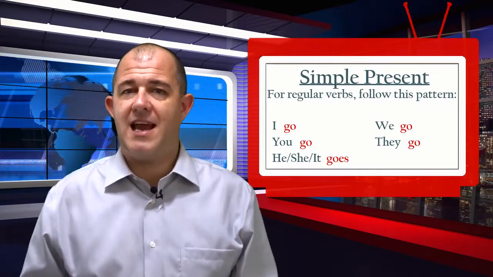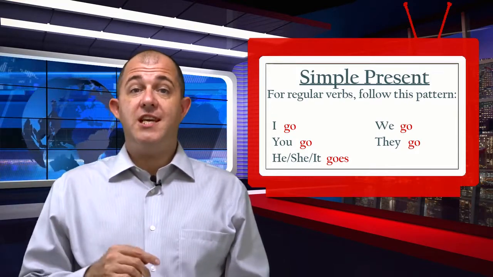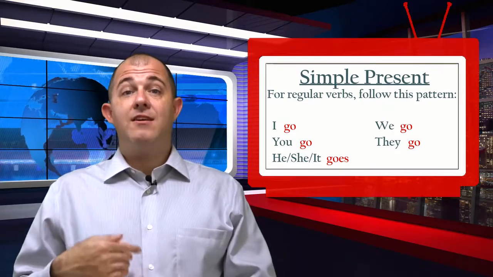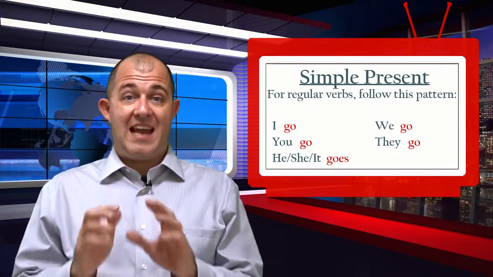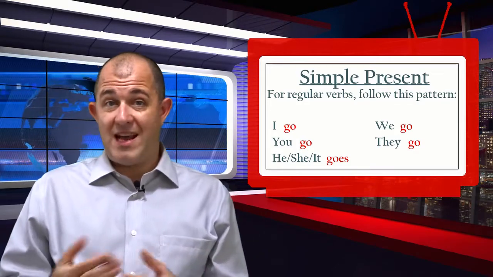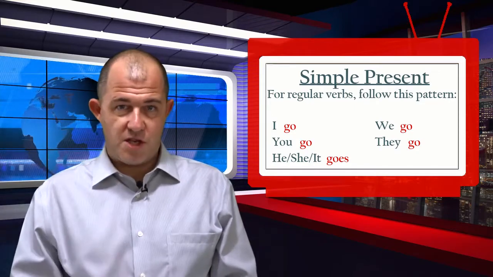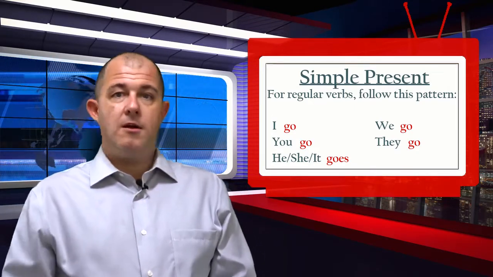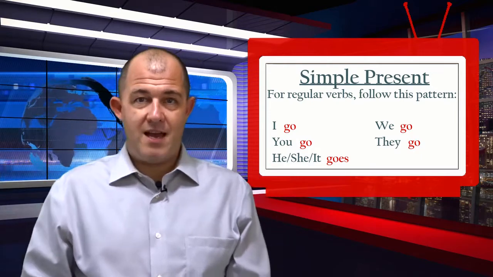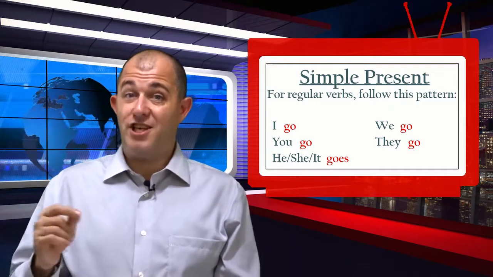It sounds like an S. So you'd say, he goes, she goes, it goes. And anybody's name or the name of any singular thing or idea or place, it would be goes, goes, goes. Steve goes, the car goes. Things like that, okay? It's always going to be goes for the third person, he, she, or it.